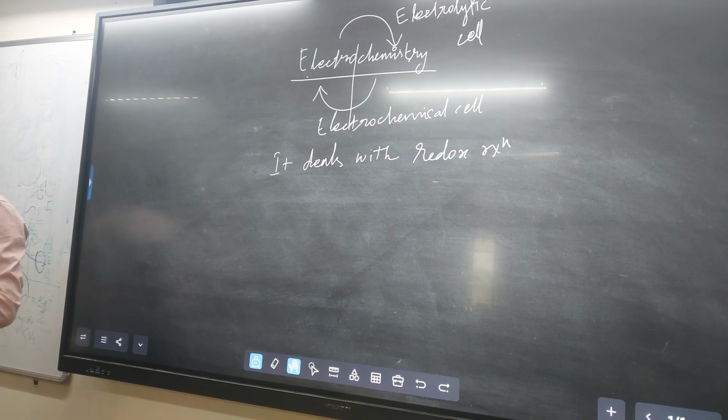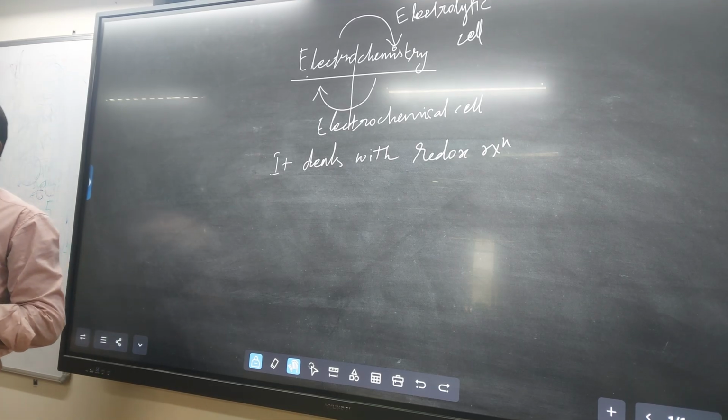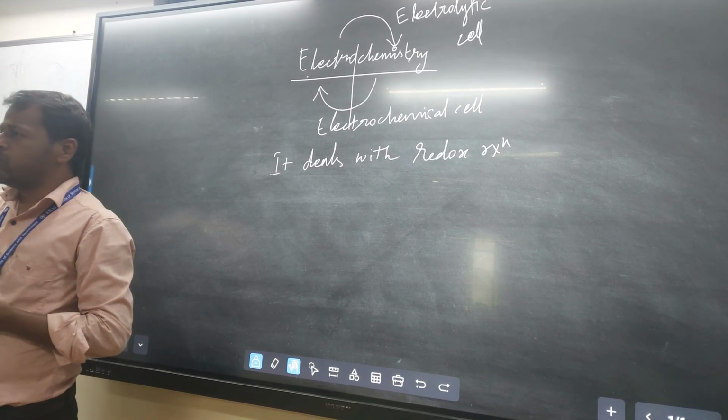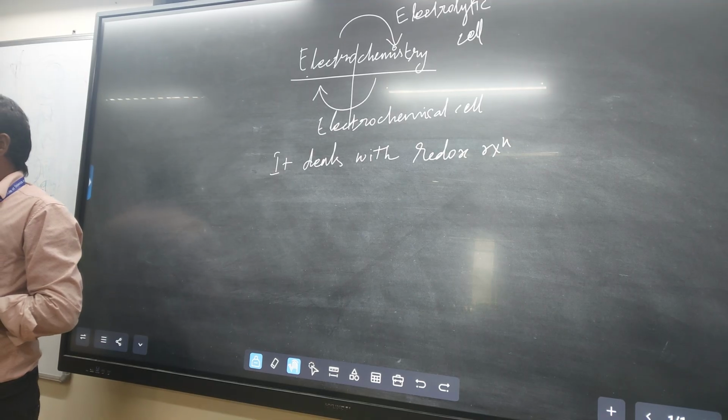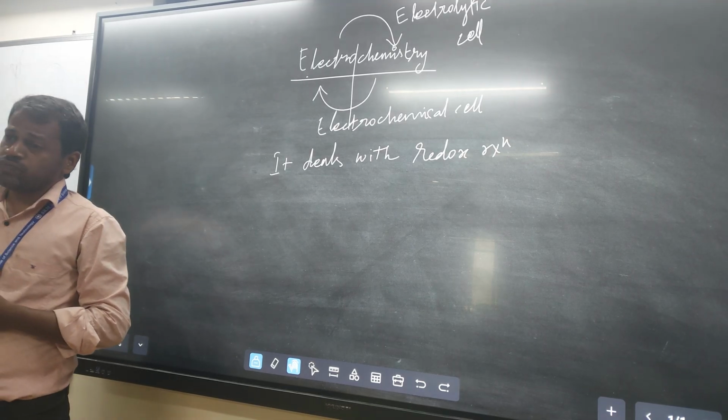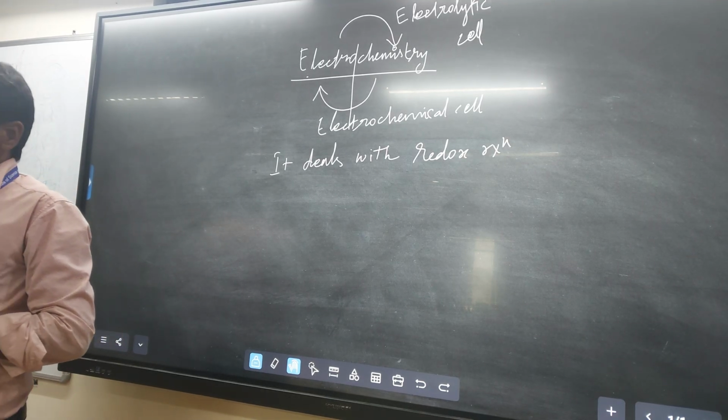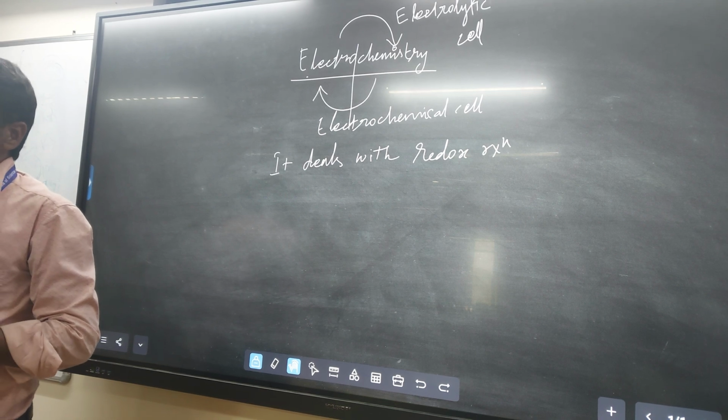The reduction potential may have plus and minus signs. See, in the neutral potential, that is zero potential, which element is that? Which one is 0 volt? Reduction potential value is 0.